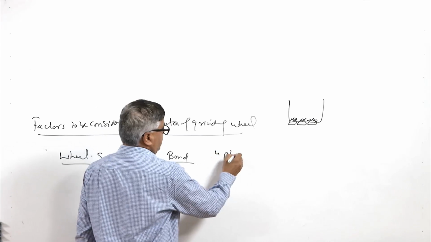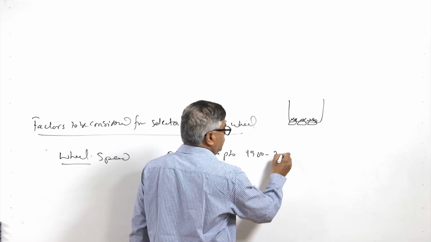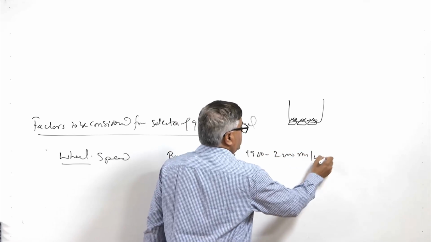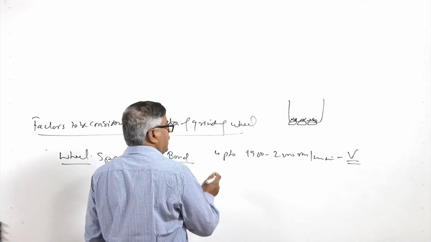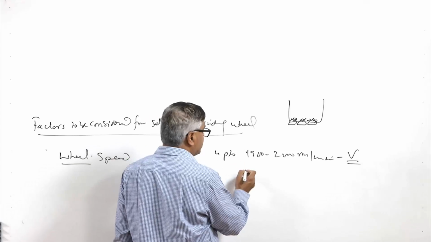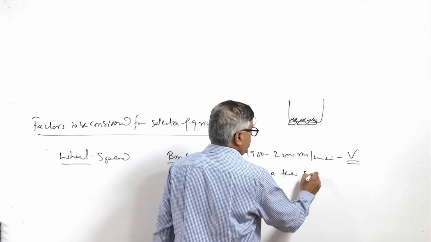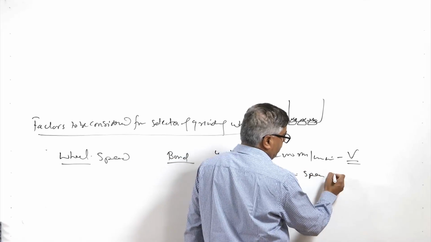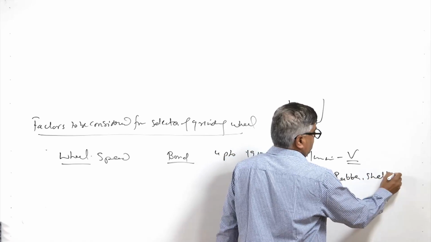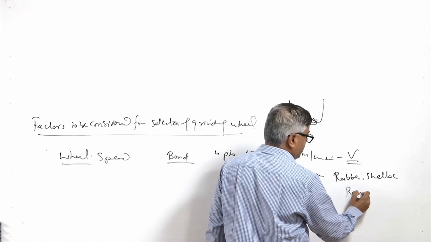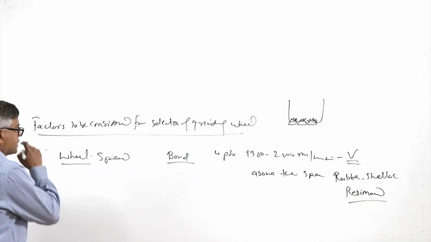Normally, up to about 1900 to 2000 meters per minute, a vitrified bond is generally selected, while for much higher speeds above this, rubber, shellac and resinoid bonds are used.